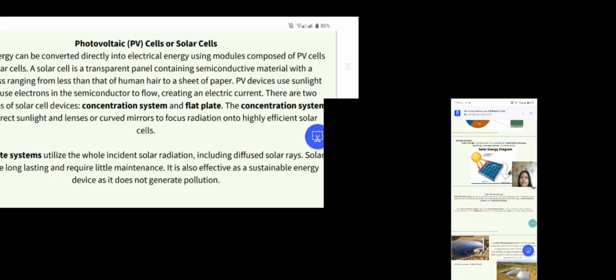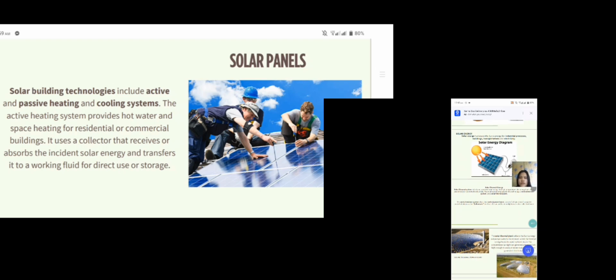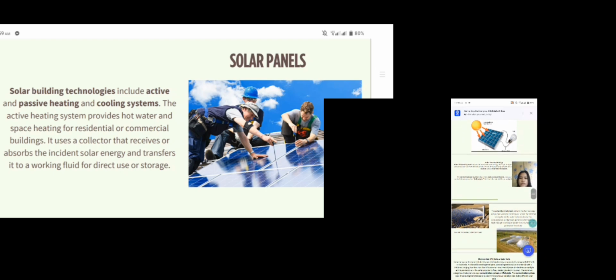Solar energy. Solar energy harnesses the sun's energy for industrial processes, buildings, transportation, and electricity. So this is the solar energy diagram: solar radiance from the sun, load, solar panel, and electron flow.